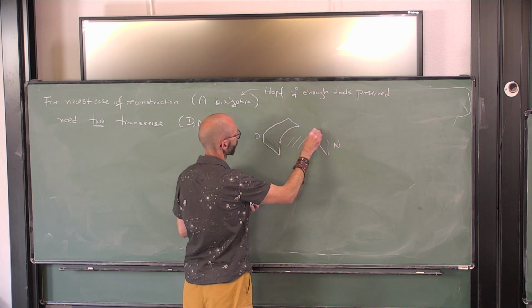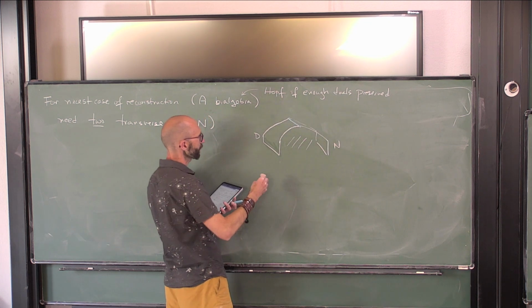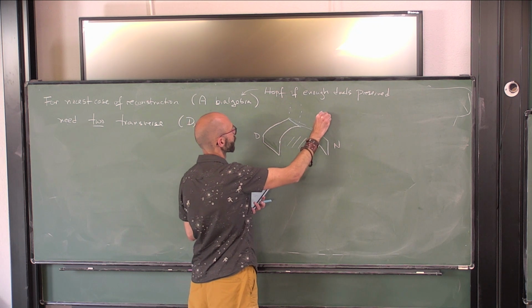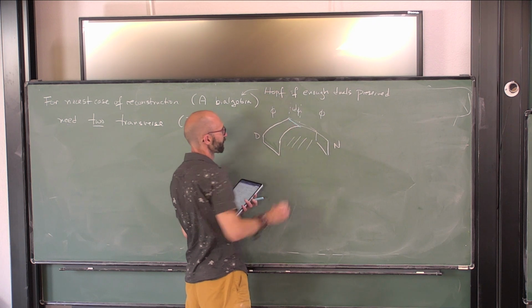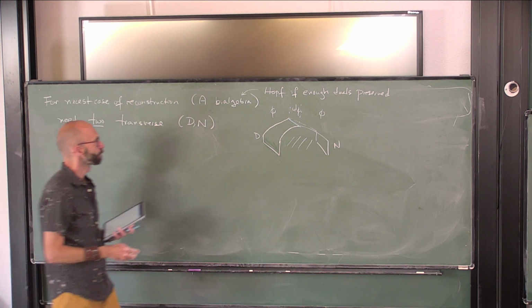So there's some interface between D and N and the trivial interface between the trivial 3D QFT and itself.